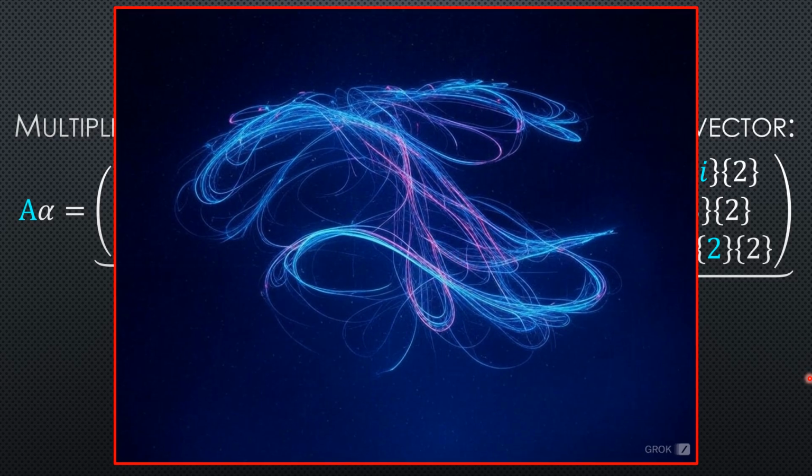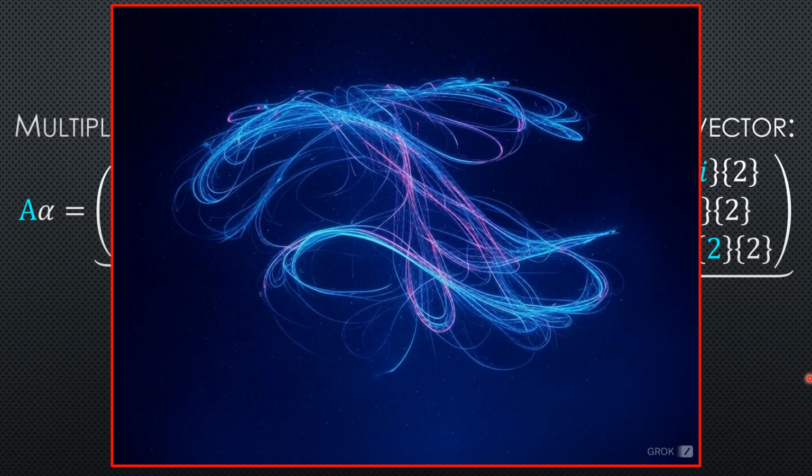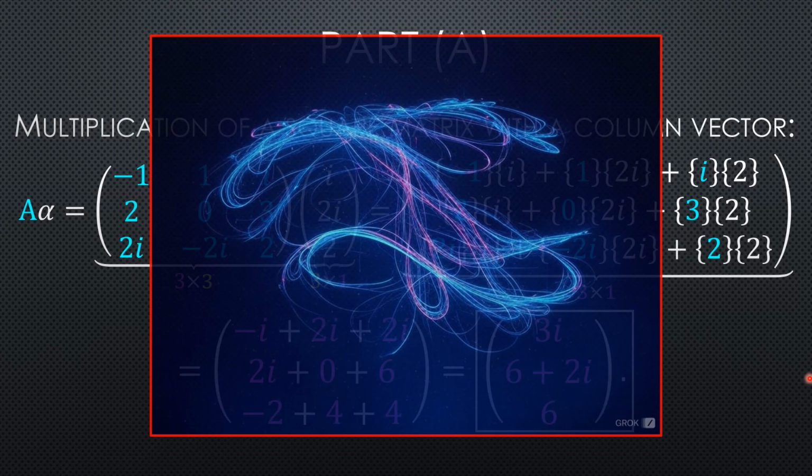Now, if we want, we could think about this as the waltz of matrix and vector. Imagine a matrix as a skilled dance instructor guiding a vector through a series of intricate steps. When the matrix A leads vector alpha, they create a mesmerizing performance. This result is like a graceful twirl, transforming the original vector into a new form.